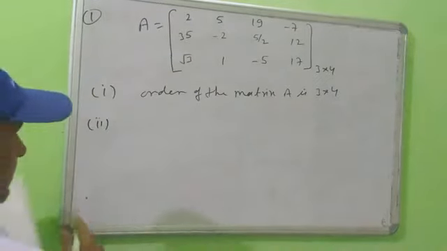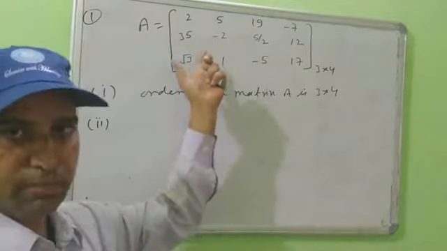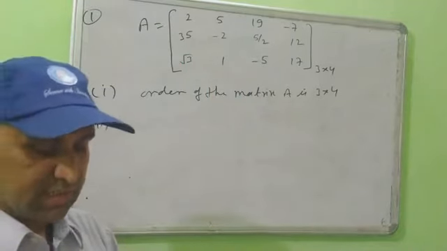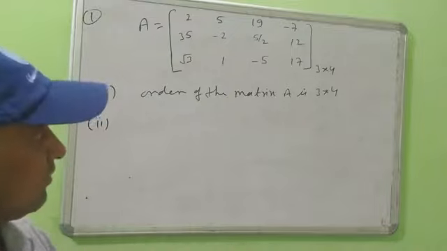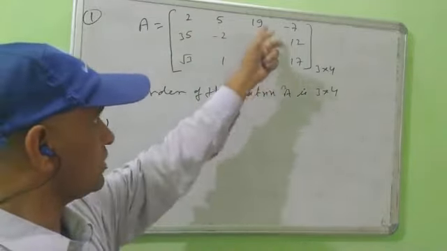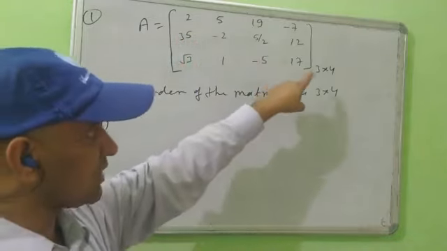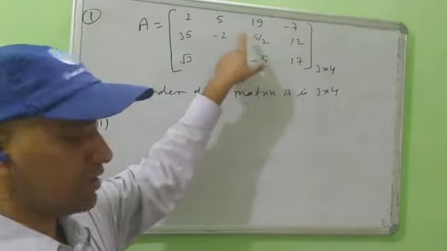Second part here, very simple. You will count the number of rows and number of columns, then you give the answer of the order of the matrix. Second part here, the number of the elements. How can you count? Suppose you count the elements here. First method. Second method, you directly multiply the order, then you can give the answer for the number of elements.